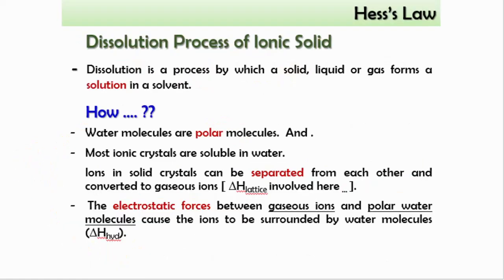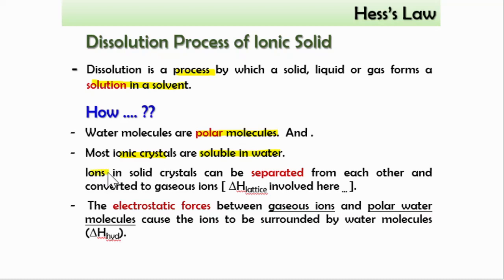So what is the solution process of ionic solid? Basically it is a process in which a solid, liquid or gas forms a solution in a solvent. And how does this happen? It is when water molecules, which are polar molecules, meet ionic crystals, most of which are soluble in water.